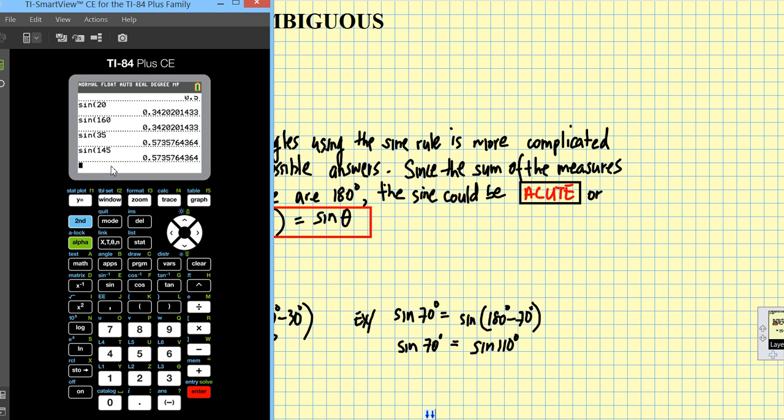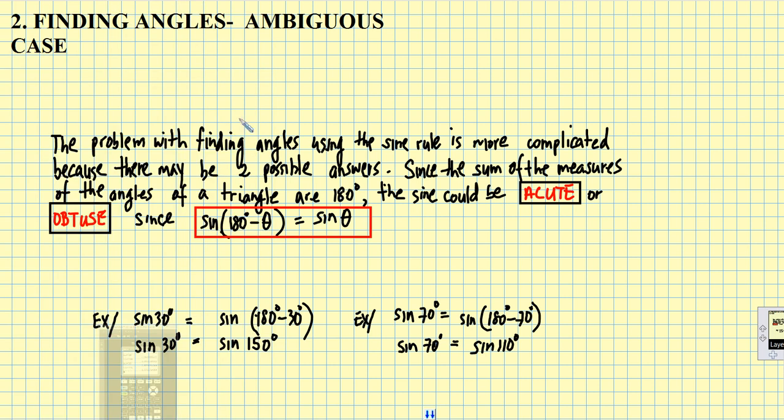Now, what is it that I found here? This is kind of similar to what we did with the sine of 20 equals the cos of 70, the sine of 50 is equal to the cos of 40, and so forth. So what we're saying is that the sine of any angle is going to be equal to the sine of 180 minus that angle. So all I did was say the sine of 30 equals the sine of 180 minus 30, which is the sine of 150.